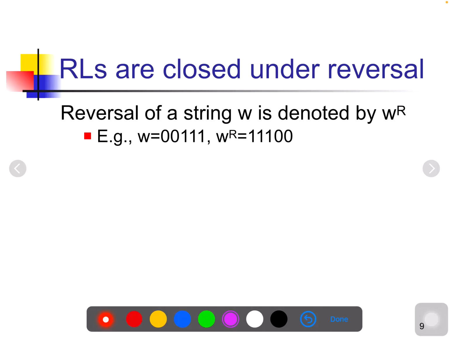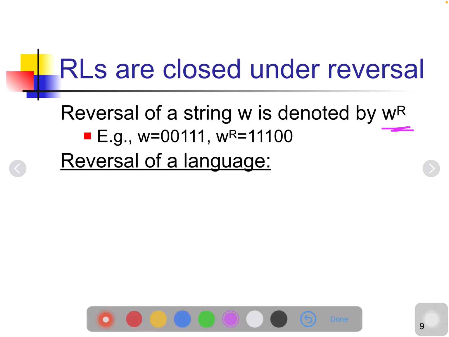How do you write this? w is equal to 00111, w^R is equal to 11100. Reversal of a language is L^R, the language generated by reversing all strings in L, right?